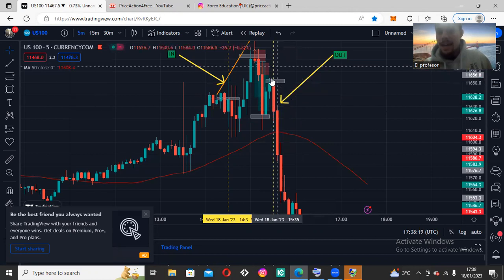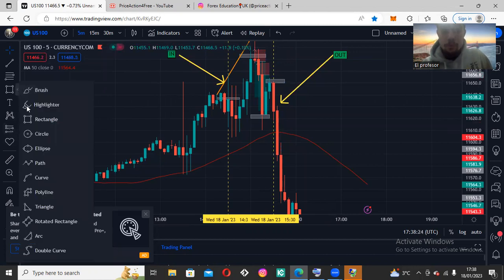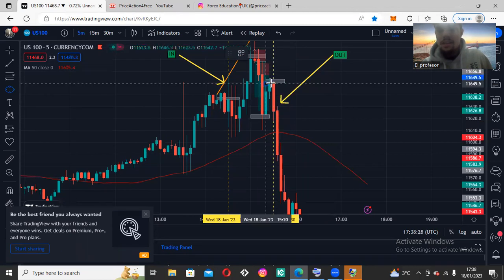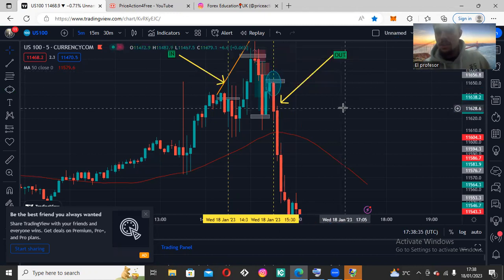And look at this setup. A high probability for the price to go in your direction. Our direction right now is bearish, bearish momentum.